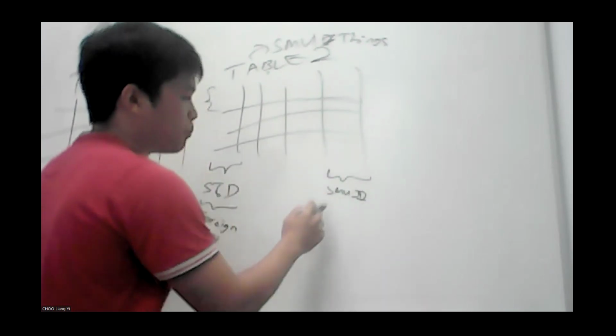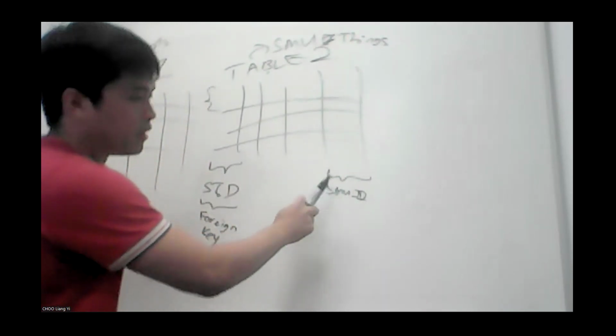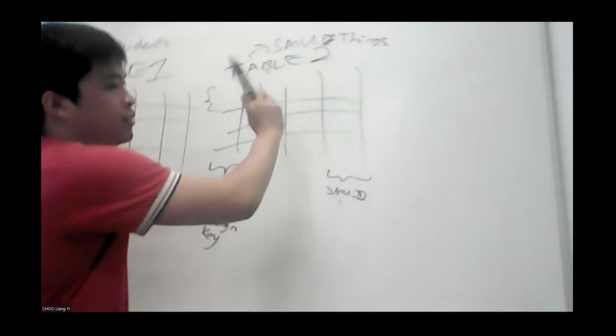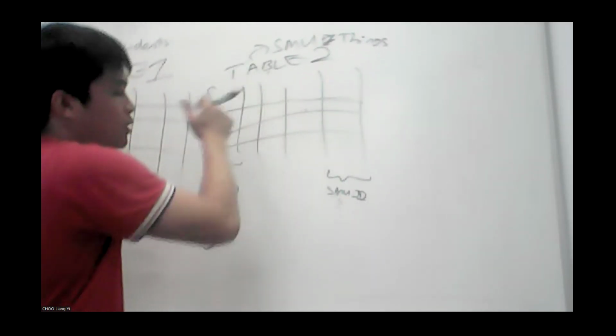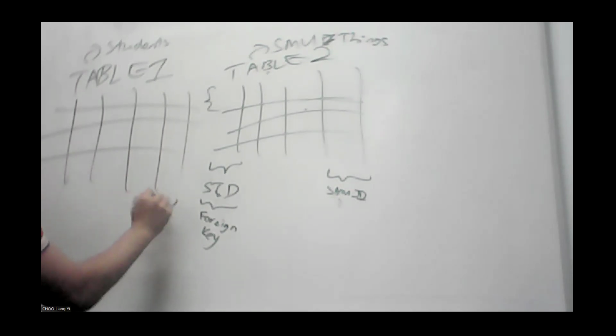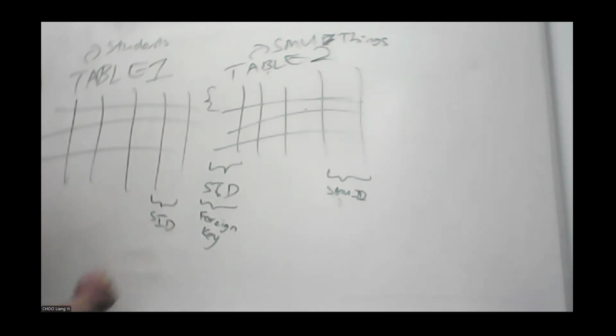But this is the primary key because this is what uniquely identifies every single row or every single instance within table 2. So in the context of table 2, student ID is the foreign key. Here there's also a column called student ID. Here it is the primary key, a primary key with respect to table 1.